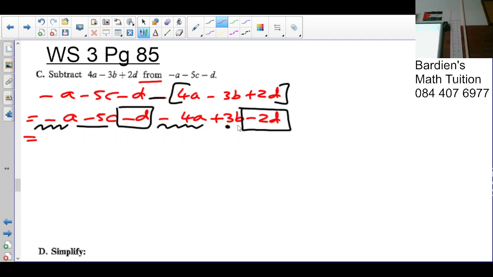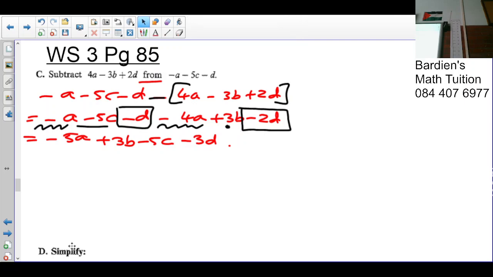Negative 1a minus 4a, negative 5a. Let's go with b's first: plus 3b. The c's: minus 5c. Minus 1d minus 2d: minus 3d. If you had jumbled it up, no problem.